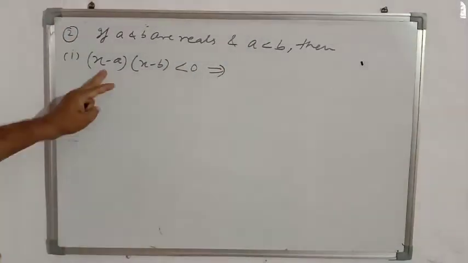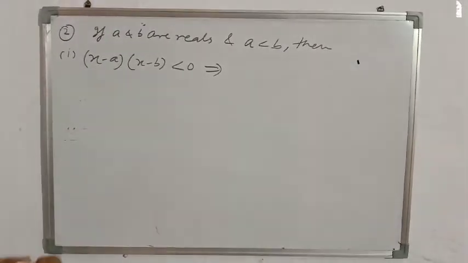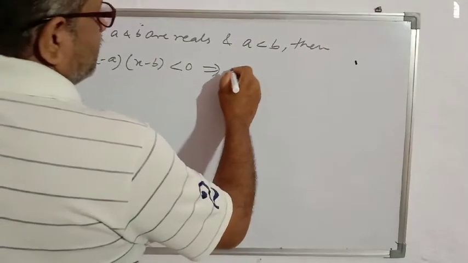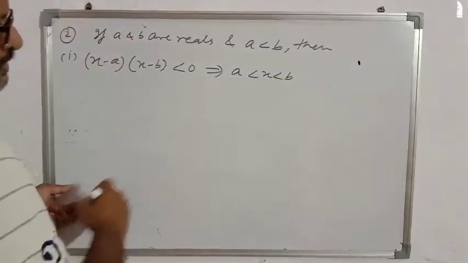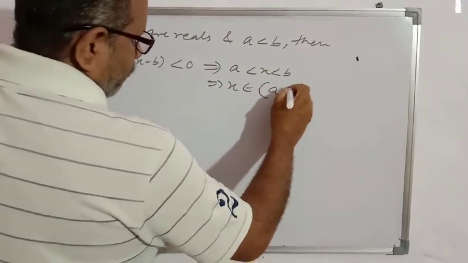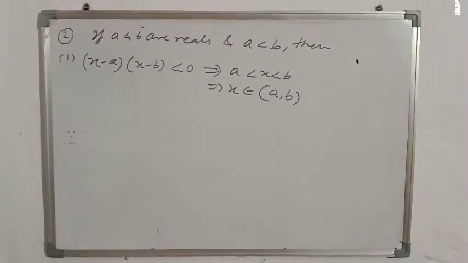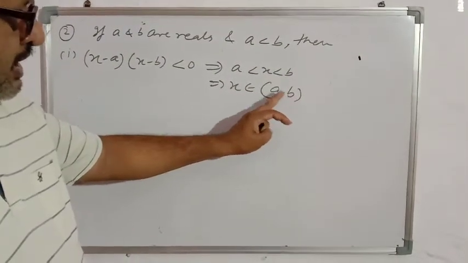If x minus a into x minus b less than 0, then what will be the value of x? It means x will lie between a and b, means we can write x belongs to open interval ab. X lies between a and b, not including a and b.